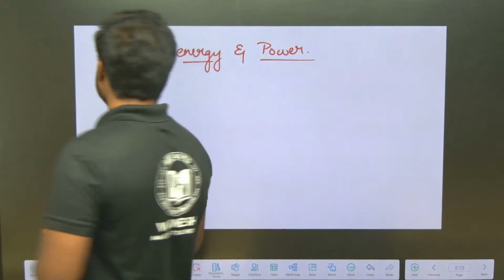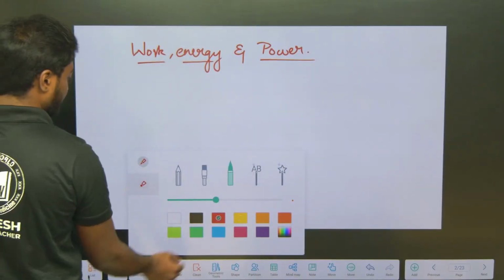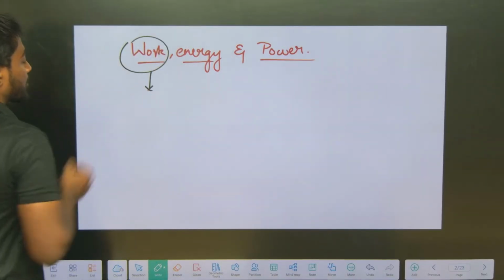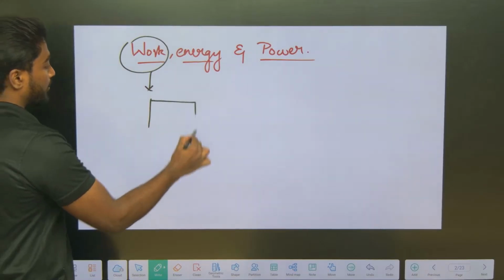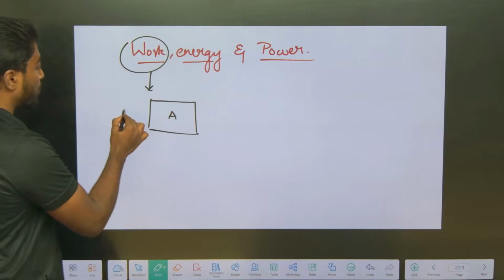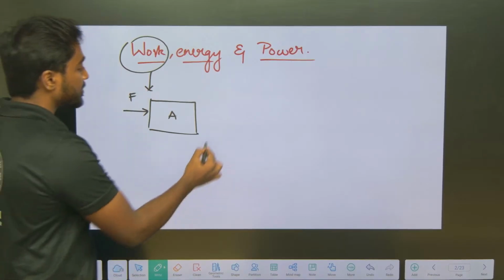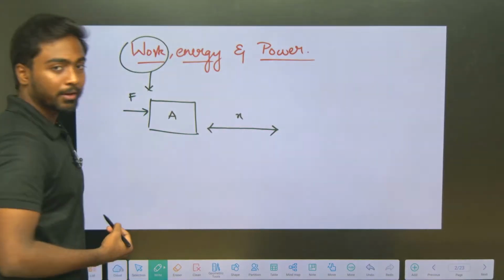The first thing we are discussing is work. Let me consider an object A, and we apply a force F on object A, and the object is displaced by some distance x.